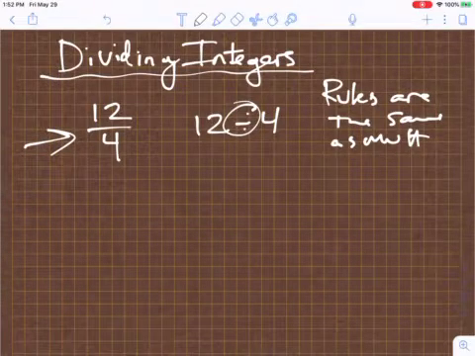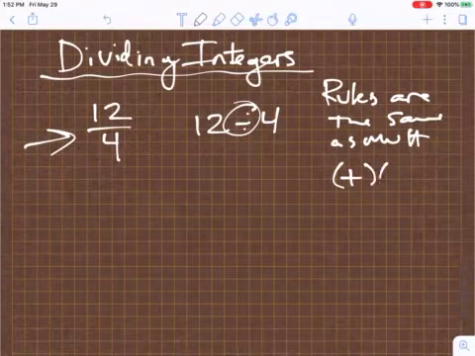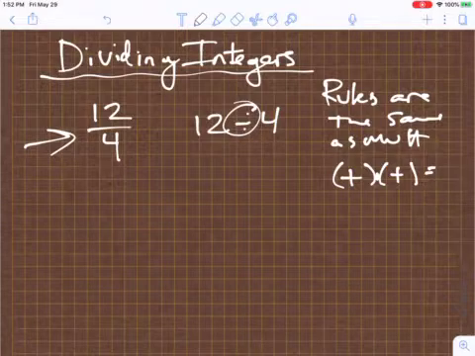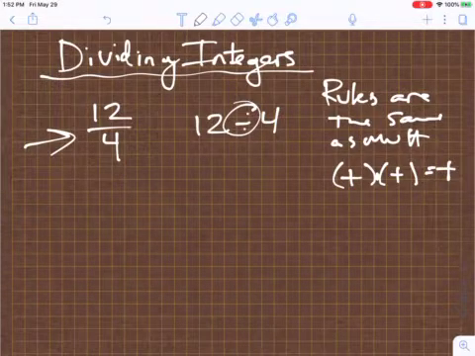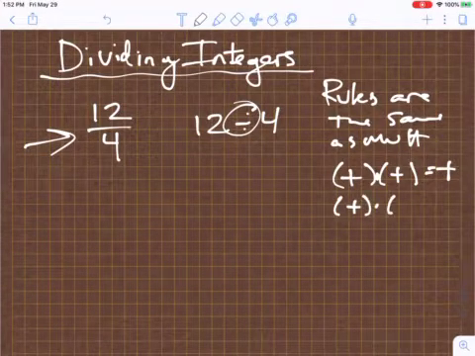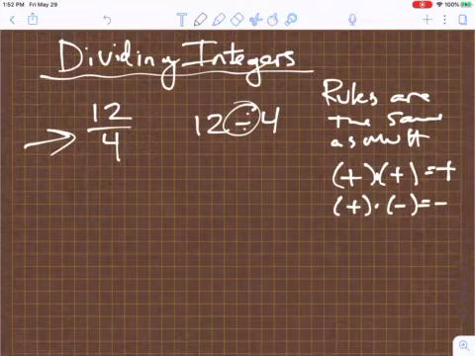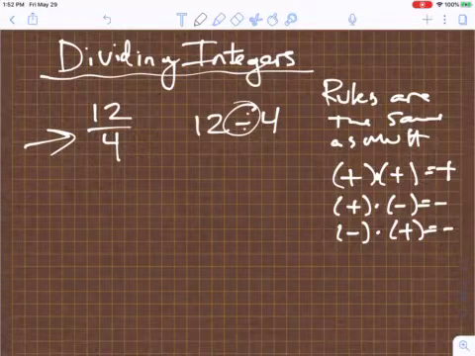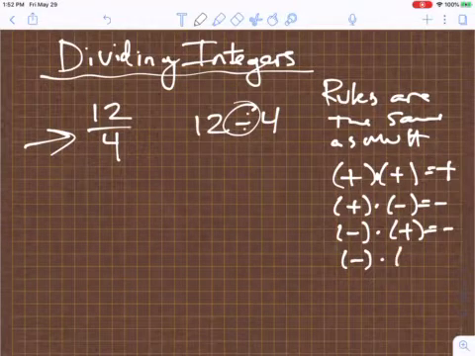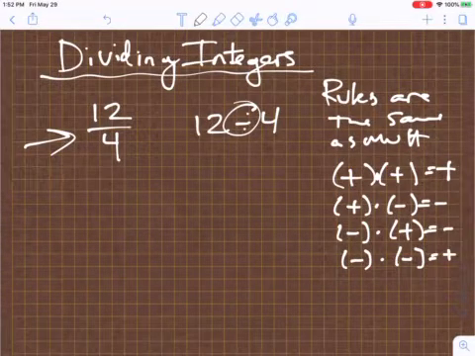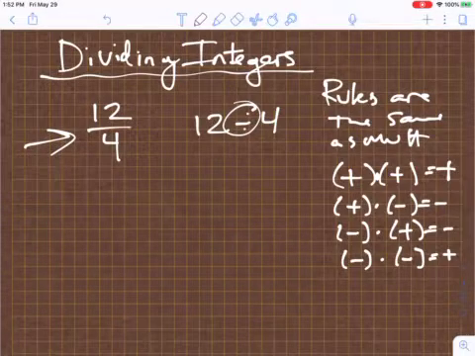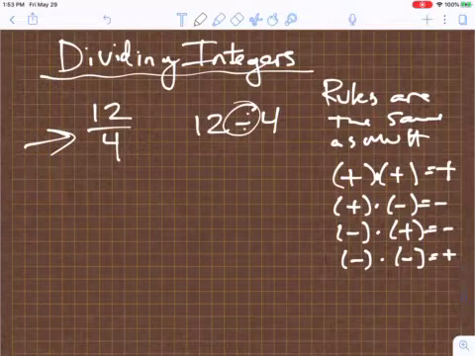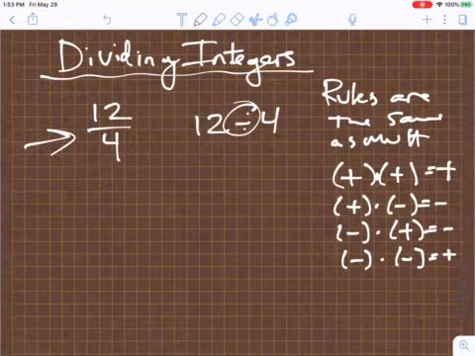Positive times positive gives a positive. Positive times a negative gives a negative. Negative times positive gives a negative. And negative times a negative gives a positive. If the signs are the same, it's always going to be a positive result, and if they're different from each other, it will be negative.